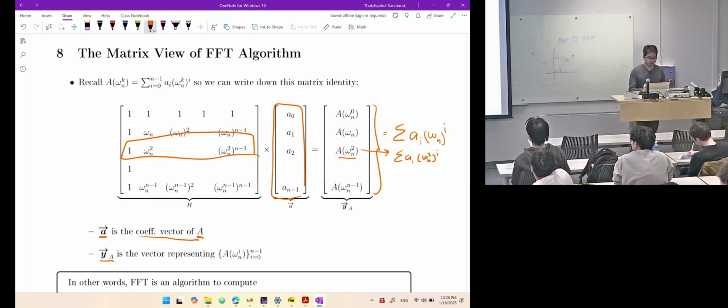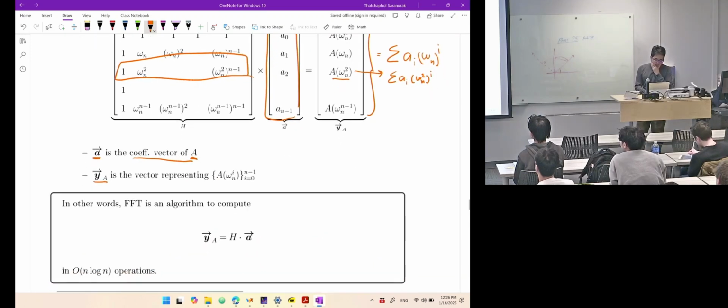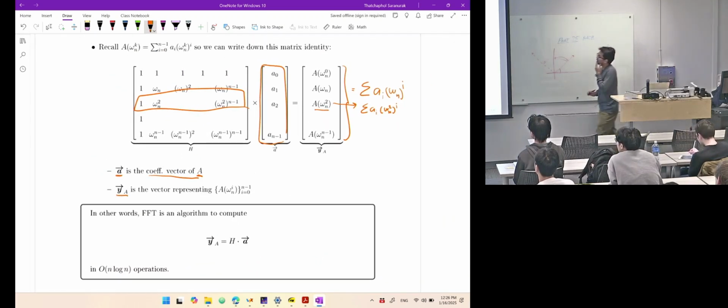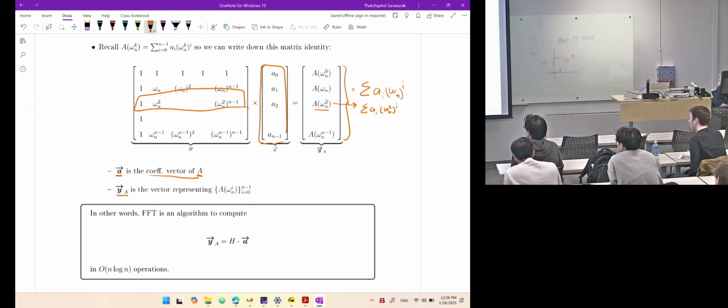Yeah. Just need to see that it's just from the definition of things. Okay. So in other words, what do we get? We get that what fast Fourier transform is just an algorithm that allows us to compute this multiplication fast.